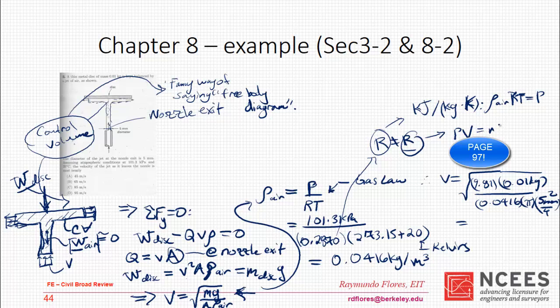So keep that in mind, and we're getting an answer of 1.204 kilograms per meter cubed. So that's obviously what this is. And if we go through everything, it should be 64 meters per second. So that's B, and that's the correct answer.